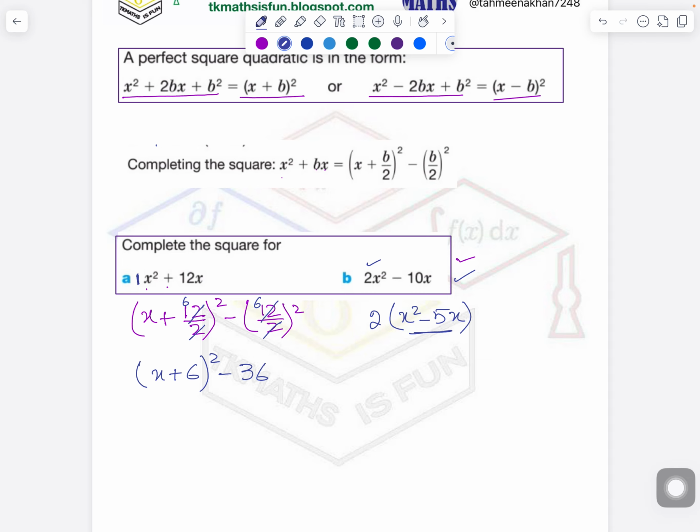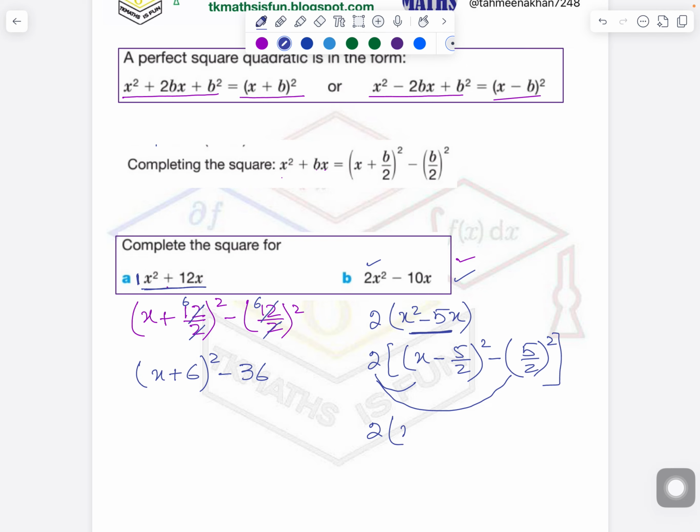Now if you focus here, this is exactly what you have here. I will follow the same procedure. So it is (x - 5/4)... x minus 5 divided by 2 whole square minus 5 divided by 2 whole square. Now 2 will multiply by this term and by this term.